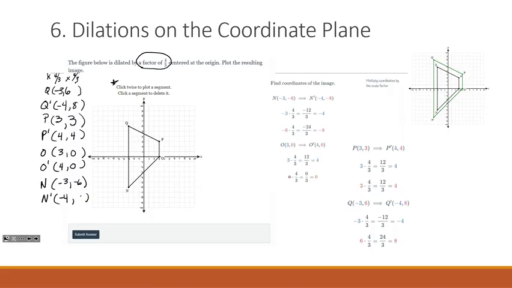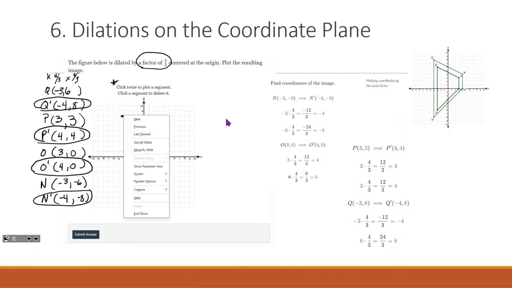And -6 times 4/3 is going to give you -8. So these are the new ones that you want to graph. So -4, up to 8.